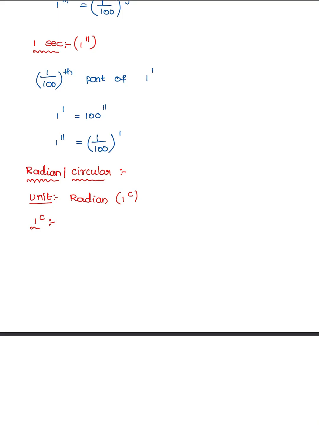So concentrate here. This is a very good concept. In any circle, suppose I am taking a circle of radius r. The arc length also, suppose I am taking the same r only. That means AB length is equal to r. And by joining OA and OB we get one sector, that is the AOB sector.